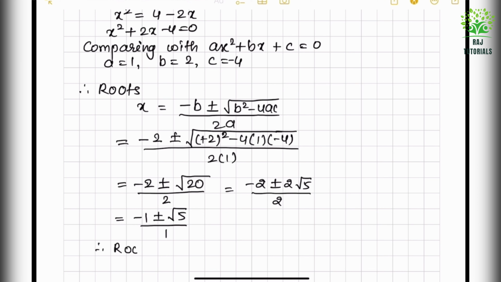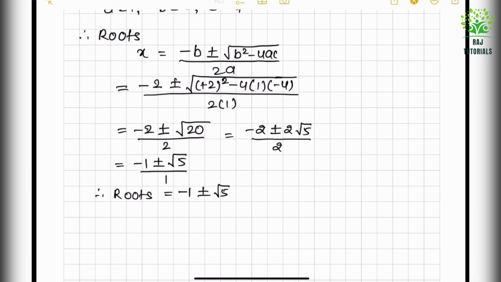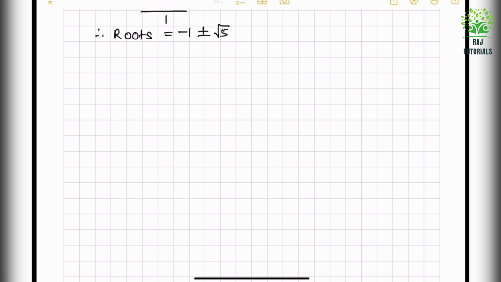If I cancel from both, I will have minus 1 plus or minus root 5 by 1. So therefore roots are minus 1 plus or minus root 5. Therefore the roots I can say are minus 1 plus root 5 or minus 1 minus root 5.